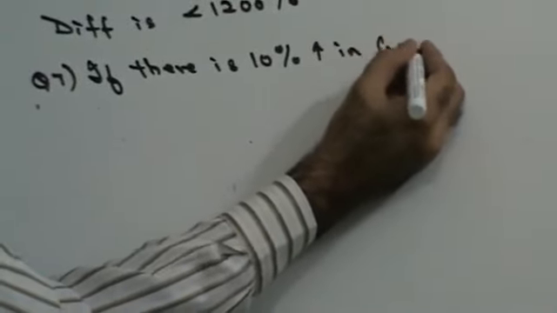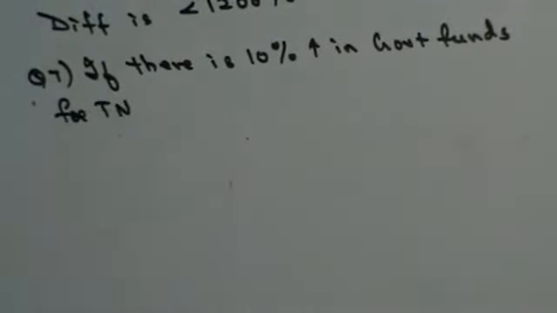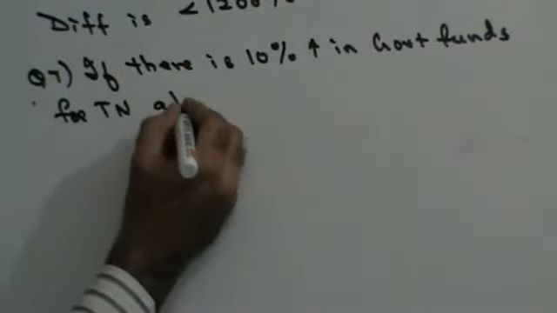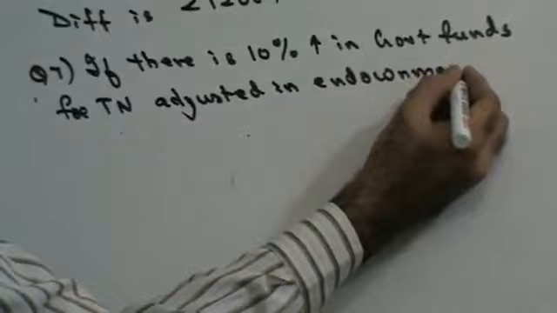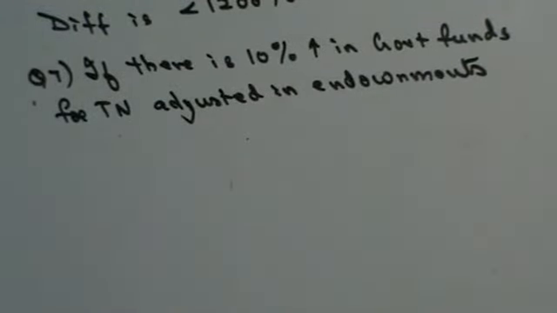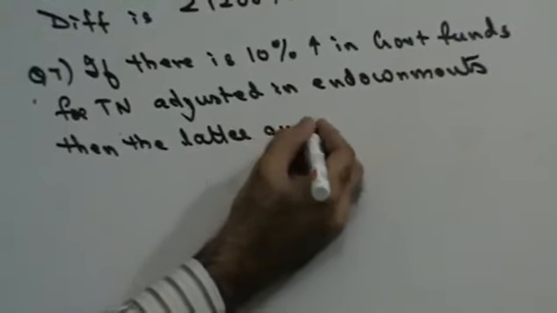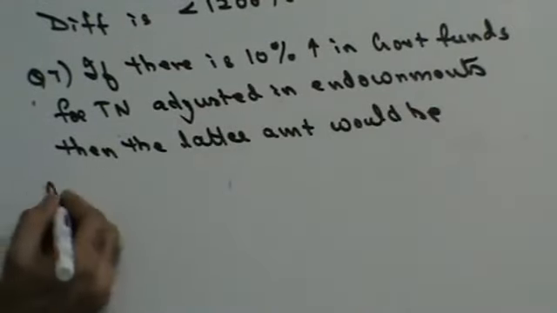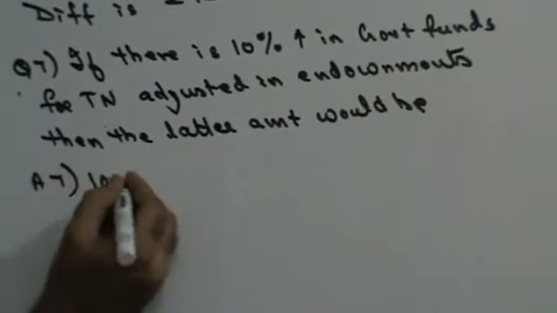Next, if there is a 10% increase in government funds for Tamil Nadu, adjusted in endowments, then the latter amount would be, let's see this. 10% of government funds for Tamil Nadu, 725, 10% is 72.5, which is adjusted in endowments.